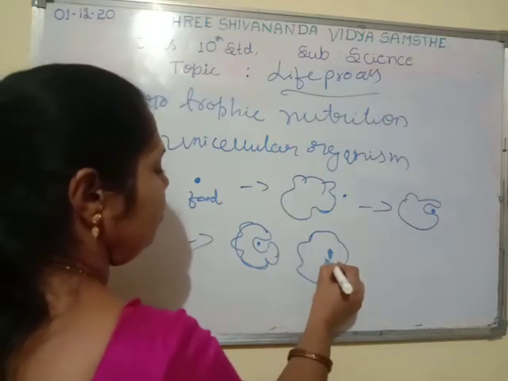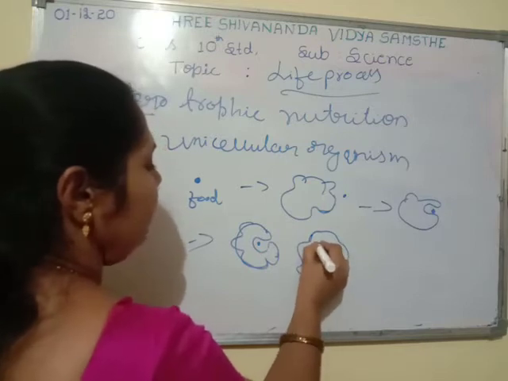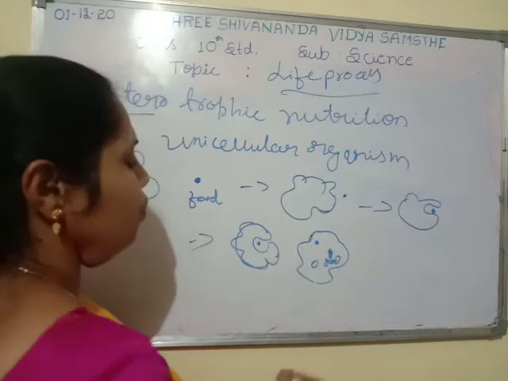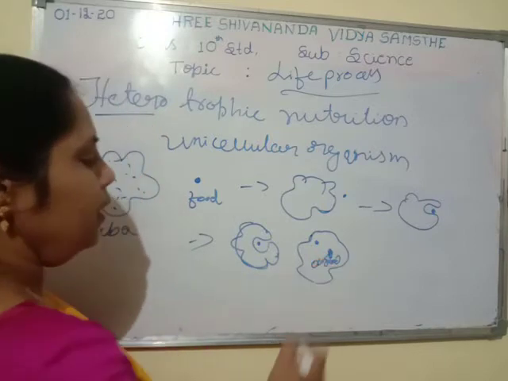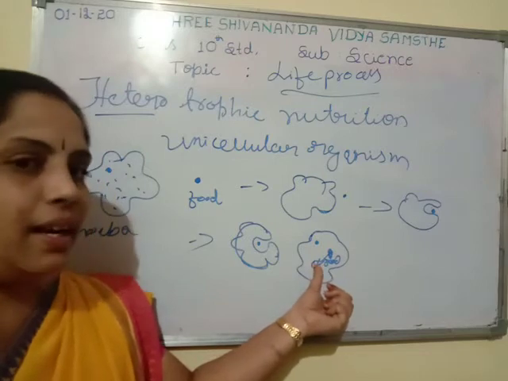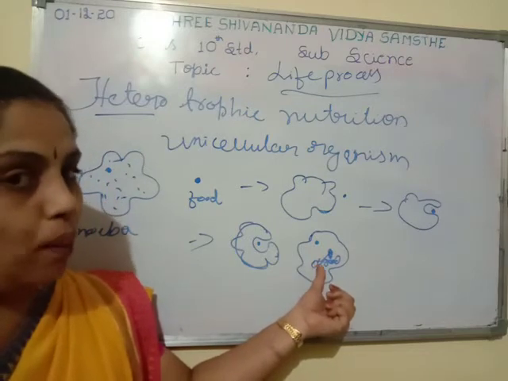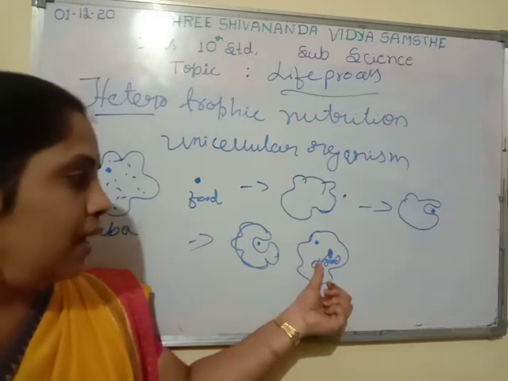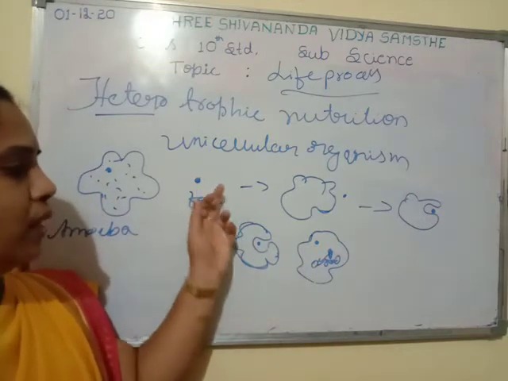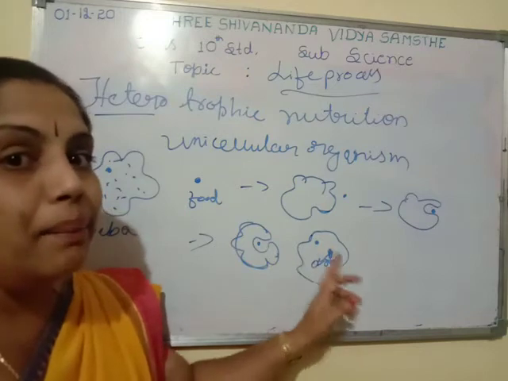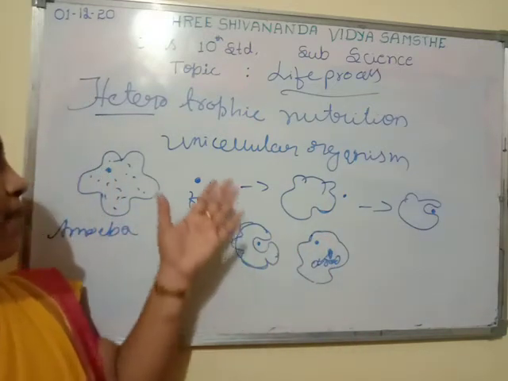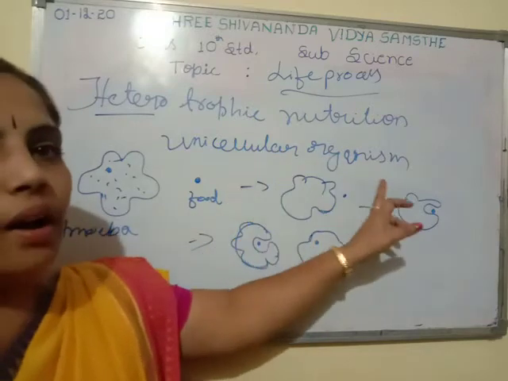This is the food, this is the nucleus, and the food enters the food vacuole and is digested in the food vacuole part. So the whole food is taken in by the amoeba. This kind of nutrition takes place in unicellular organisms.